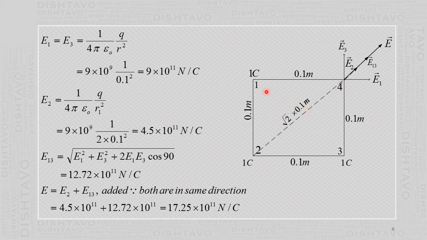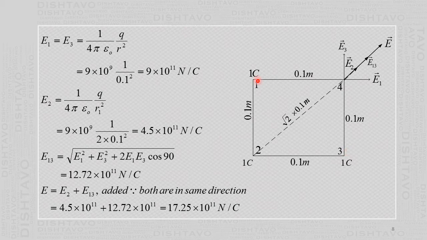Now here we will find the electric field at this point. There are three individual electric fields: one because of the 1 coulomb at corner 1, another due to the 1 coulomb at corner 2, and another due to the 1 coulomb at corner 3. So here we can mark.